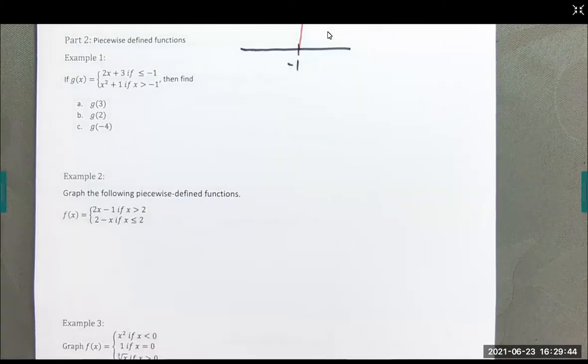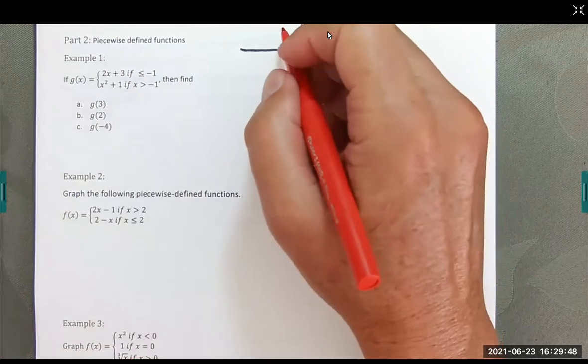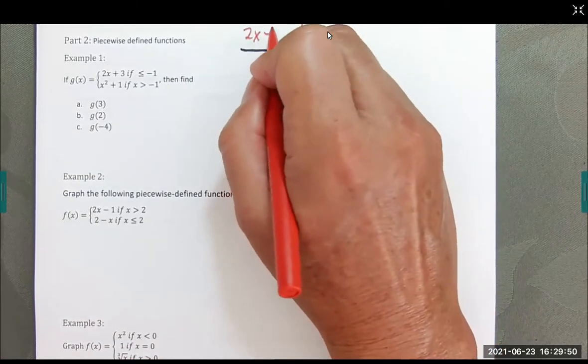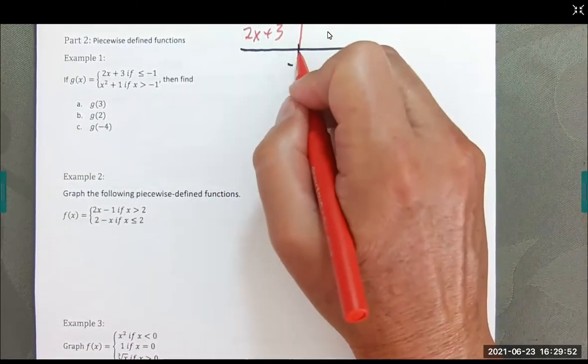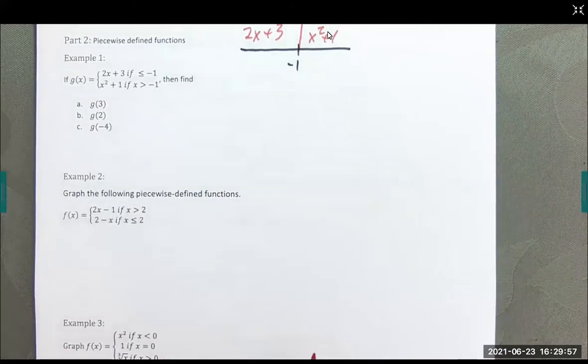If we split this up, on this side, when it's less than or equal to -1, it's the function 2x plus 3. Once it passes -1, it's then x squared plus 1, is what this is saying.